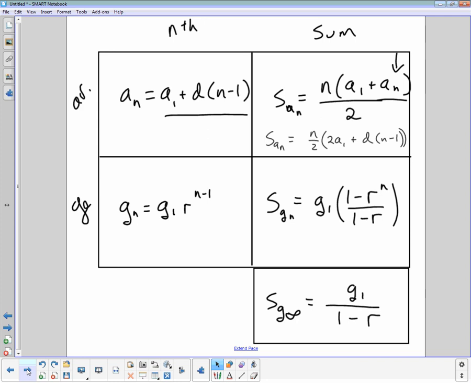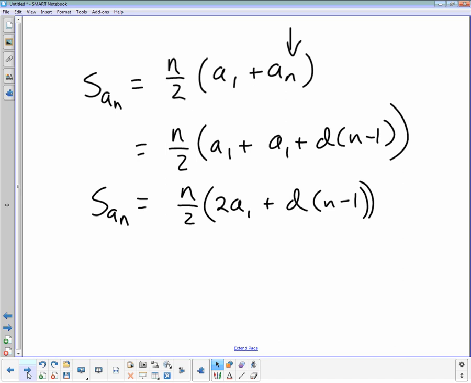Explicit, recursive. The top one or the bottom one? I'm not sure if it's on the formula sheet or not, but I'll post the formula sheet so you can look at it and see. If it's not, it's one that you should know. But all you need is the ones that are, and you can derive it like I did.